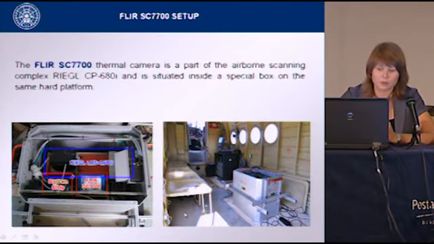Instead, we selected a different option. By using the same regular platform, we have installed a small thermal camera FLIR. And as long as everything was within the same platform, it allowed us to know exact positioning and use the GPS data for synchronization of time.